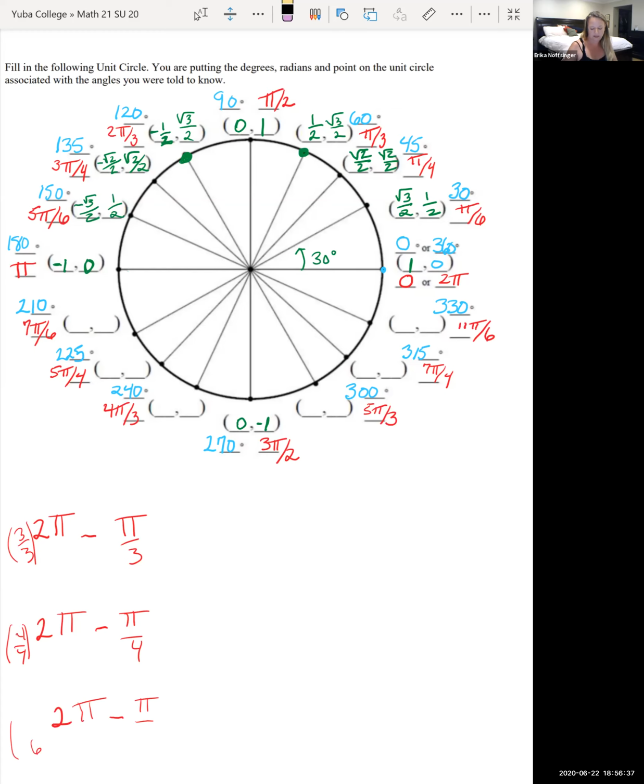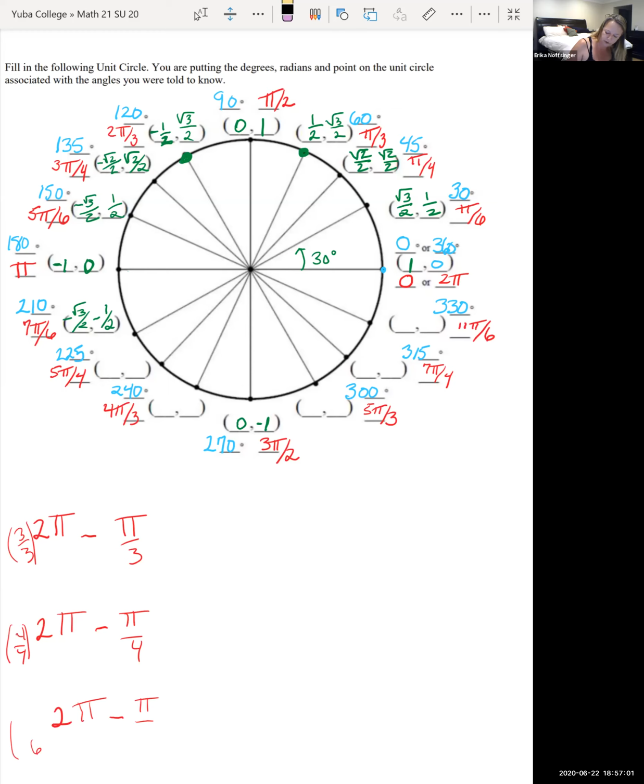Third quadrant, we said cosine and sine are both negative. Basically, it's just the negative, and these are reference angles. So a reference angle of 30 degrees at 210 degrees is the same thing as 30, but they're both negative. So this is going to be negative √3/2 and negative 1/2.